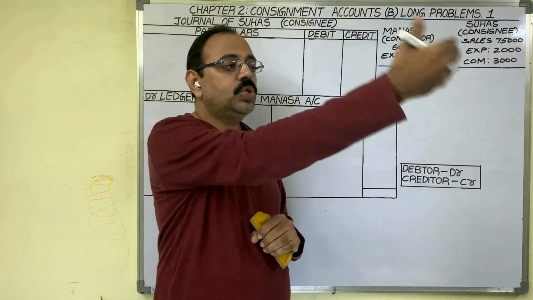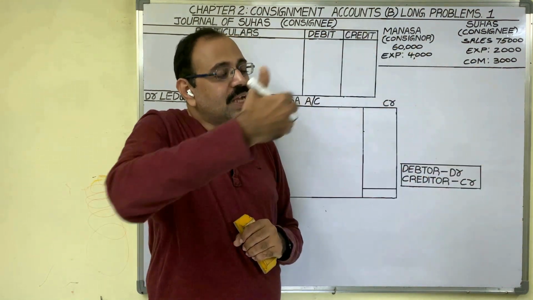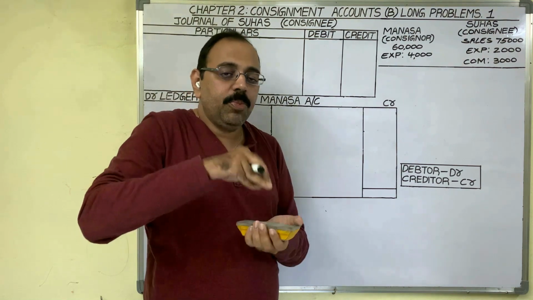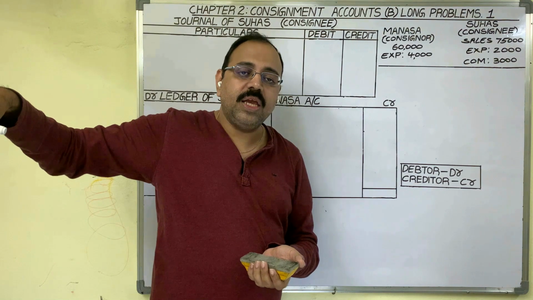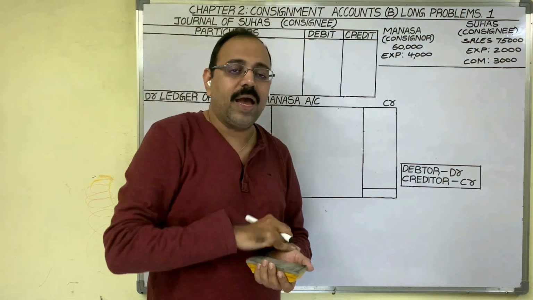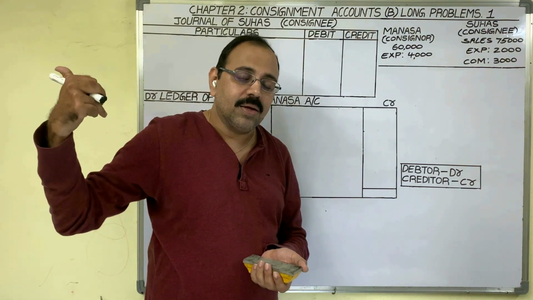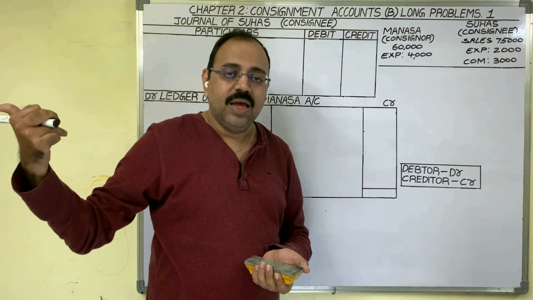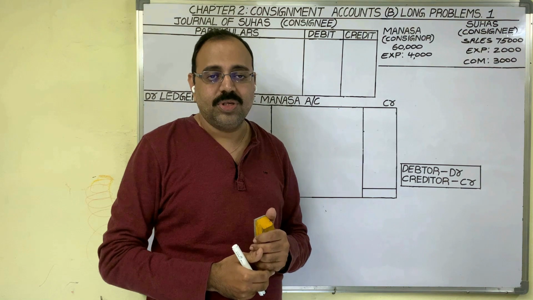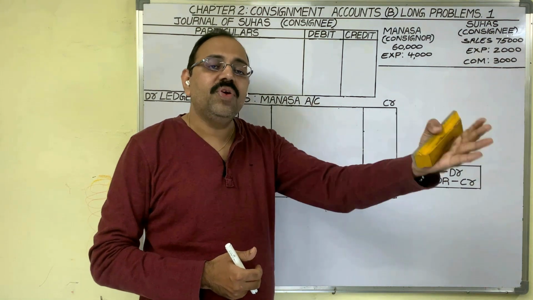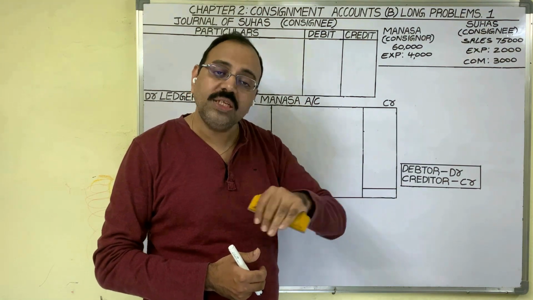We sold goods to customers, we received a check from the customer. Then we deposit that check in our bank. Our bank collects money from the customer's bank. So our bank is a receiver. As the banker is a receiver, we should debit bank account. So we assume that we received from the customer through a check.